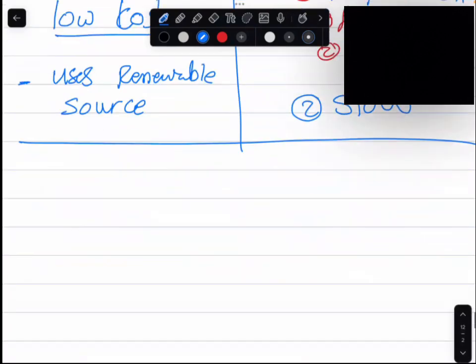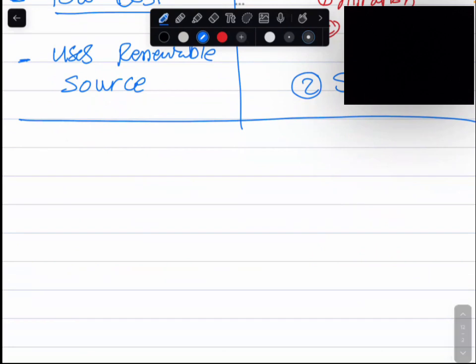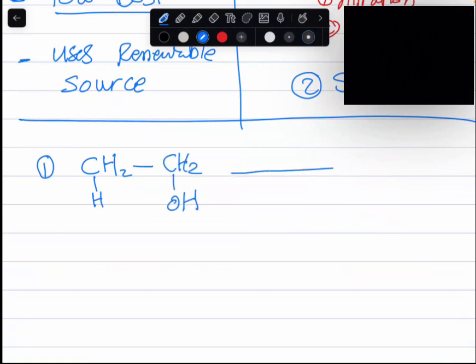Okay? Now, for the reactions of alcohol. The reaction of alcohol, number one, if we have alcohol like this, this alcohol is called ethanol.